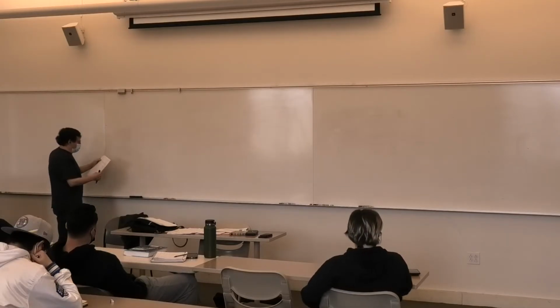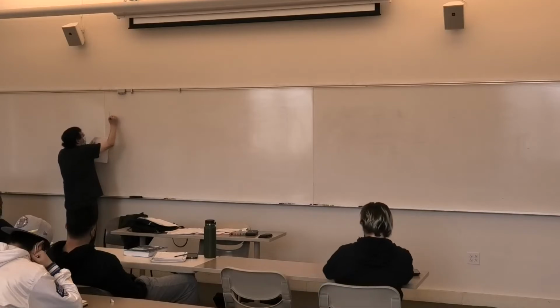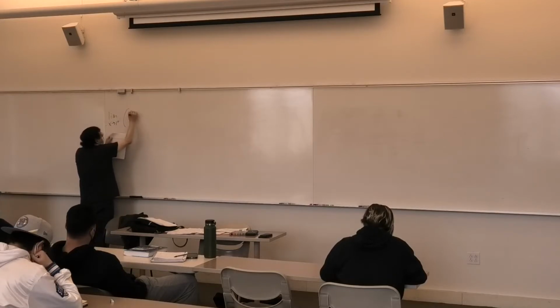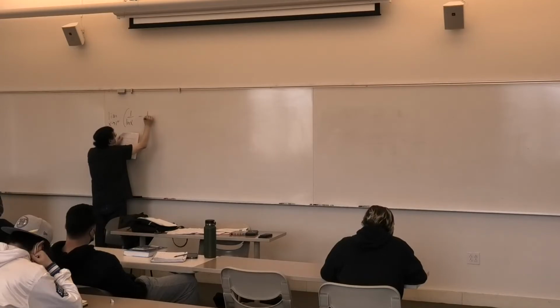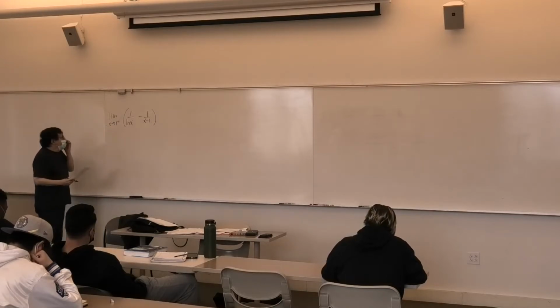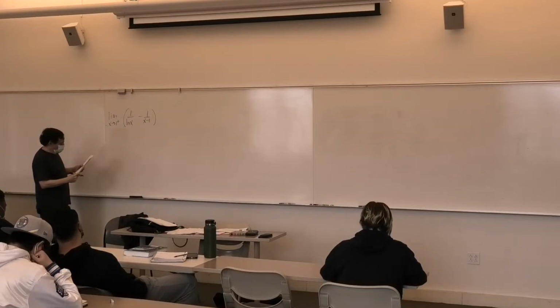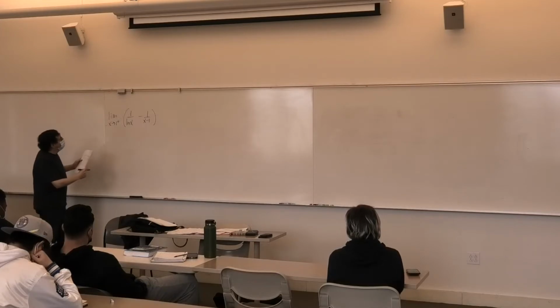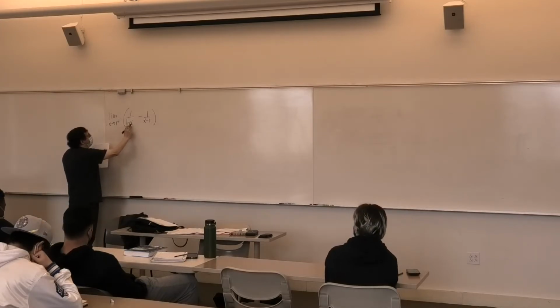All right. Promised you something more exotic. So here we have the limit as x approaches 1 from the right of 1 over ln of x minus 1 over x minus 1. ln of 1 is 0, so this is going to infinity.